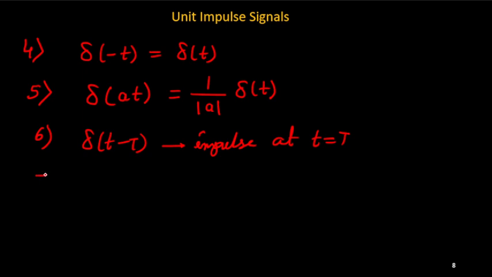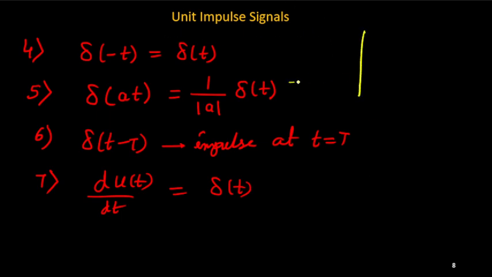Now another important thing we are getting: if I take the derivative of u of t, the step signal, then we will be getting del t. Why is it so? Because you can see that the u of t signal is defined as 0, then suddenly it is 1 and it remains 1.